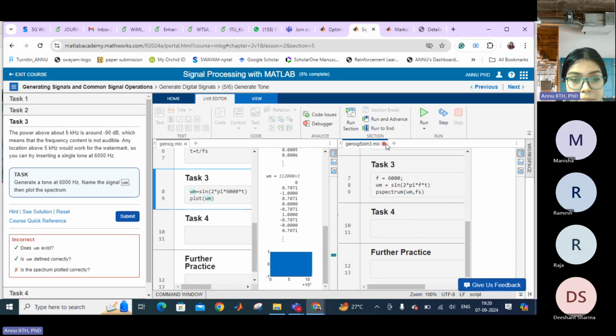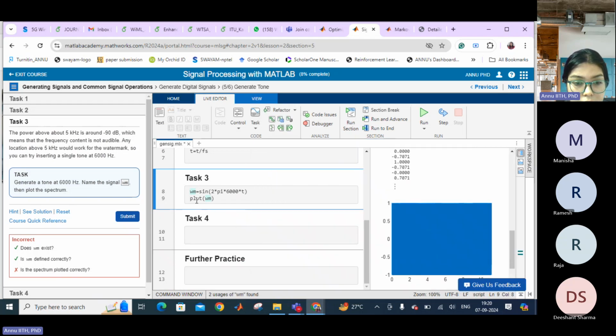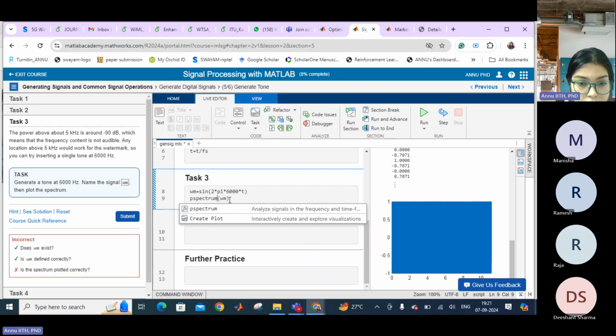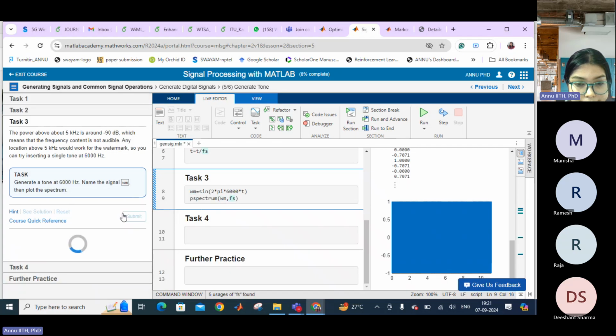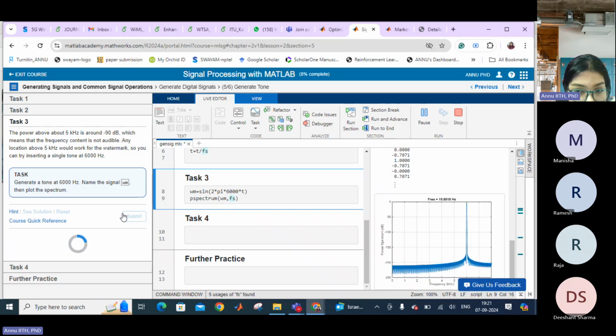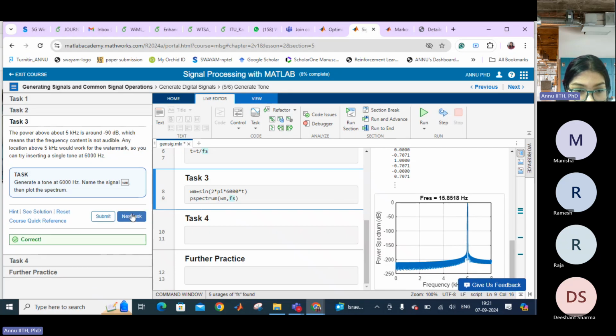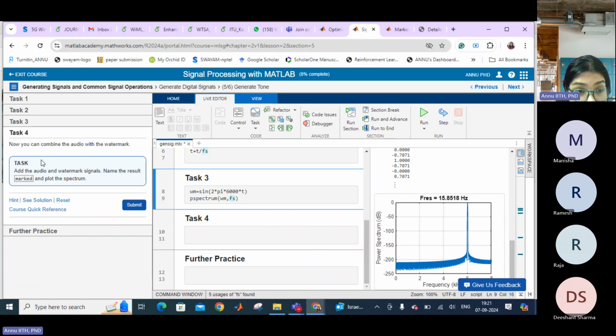If we want to see something, we have to compute the power spectrum. I have done almost everything. P spectrum. So again, there's a single tone frequency at 6,000 hertz.